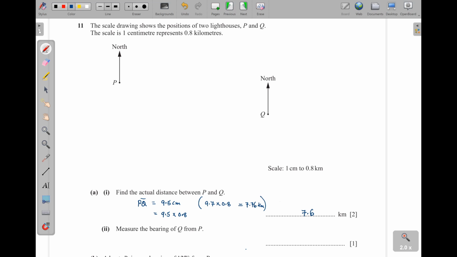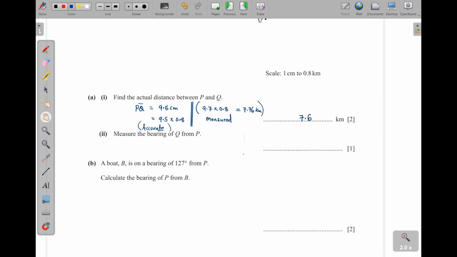The 9.5 is for the actual, the accurate one provided in the marking scheme. And this one is the one that I have measured. You also write what you have measured.